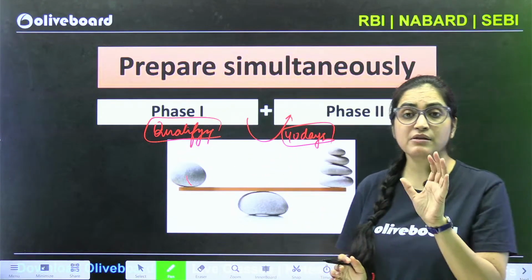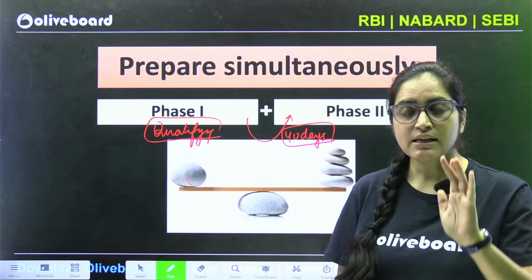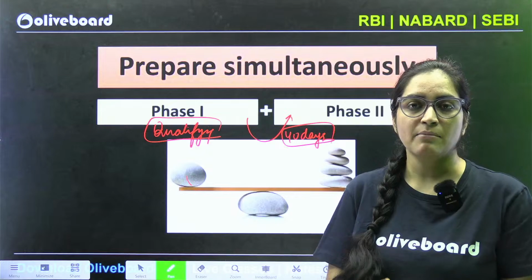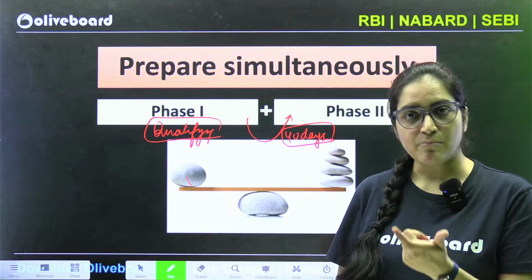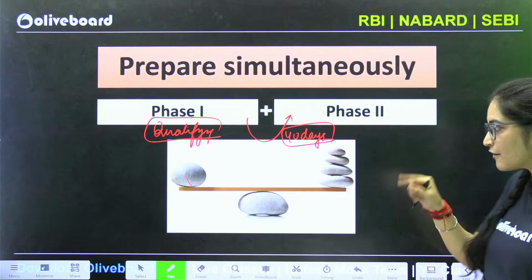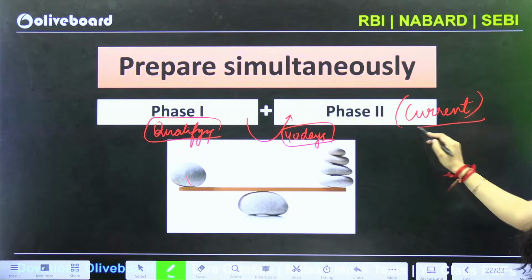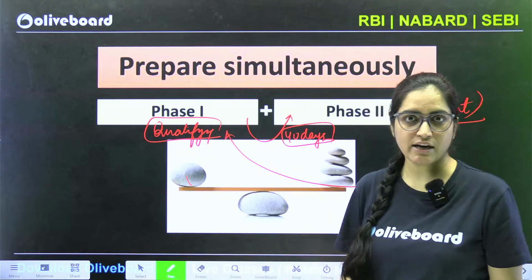So you'll be left with a very little amount of time. Therefore, till the time your notification is not coming, it will be ideally appropriate to start with both of these preparations simultaneously. After all, your phase 2 current part is somewhat the same as your phase 1 current part.